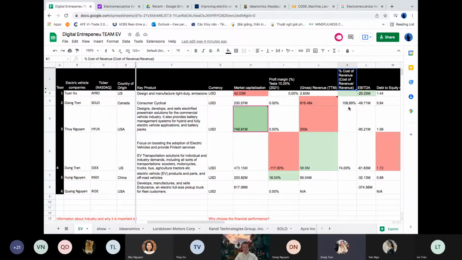From the two companies that we have the data for, they have up to 100% cost of revenue, leading to no profit or even negative profit margin. Very good, that's very good. Because this is the early stage, and this market is still developing and growing, they need a lot of money to fund their innovation process.